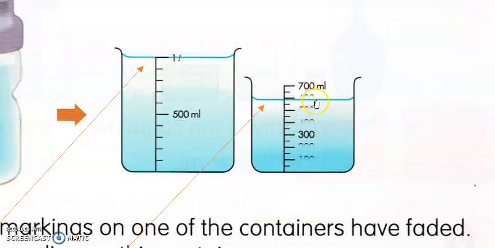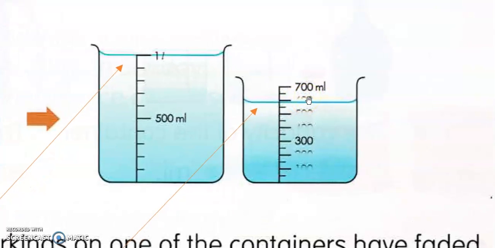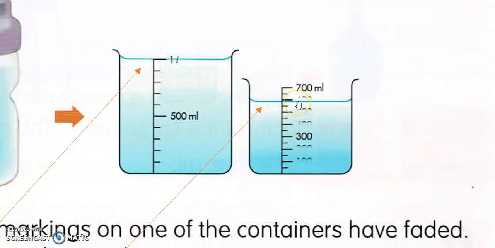So the reading in this level, we can estimate by counting the markings from here. This is 700 and this is 300. So let's count between these two readings. Here 300, so here will be 400, here will be 500, here will be 600. So the level of water shows this reading. It's a little bit below 600, isn't it?